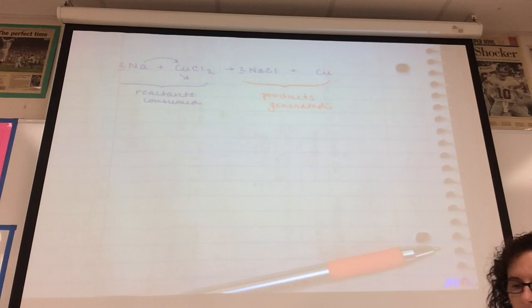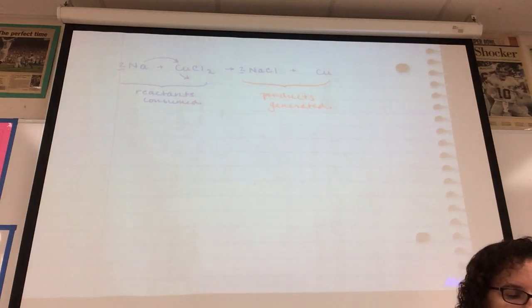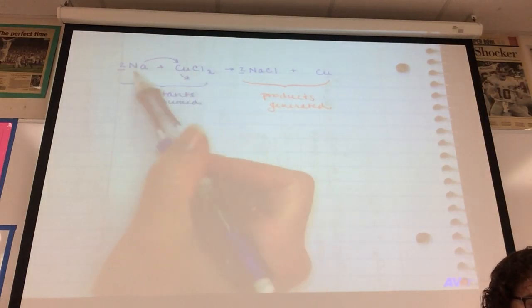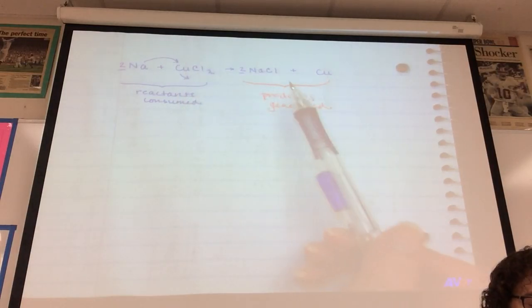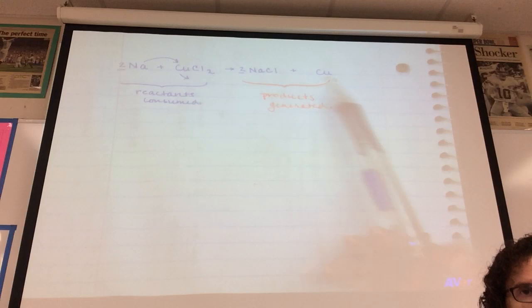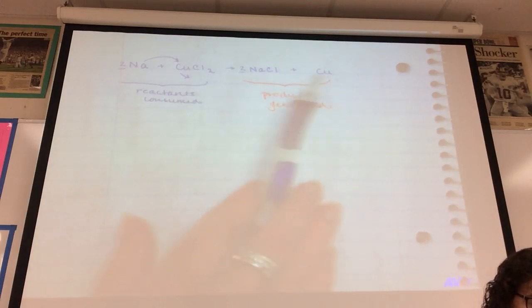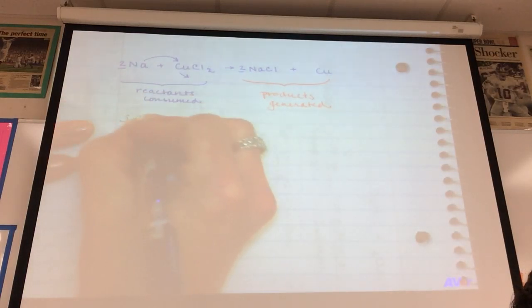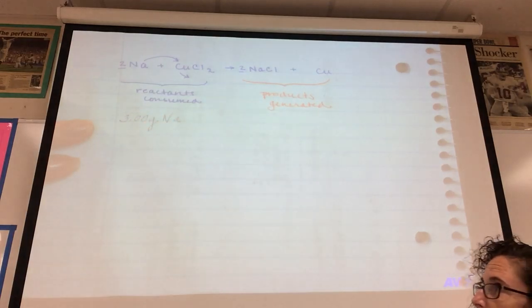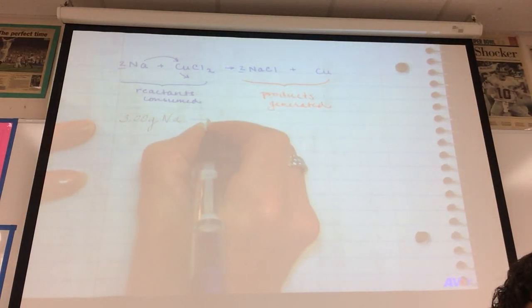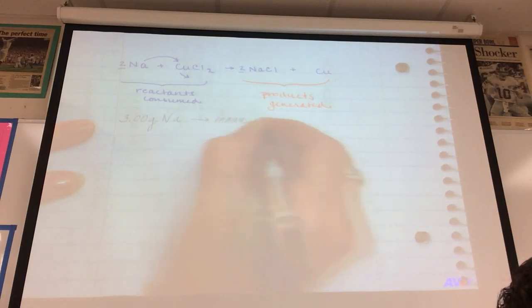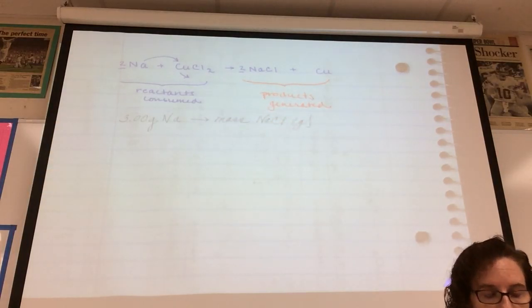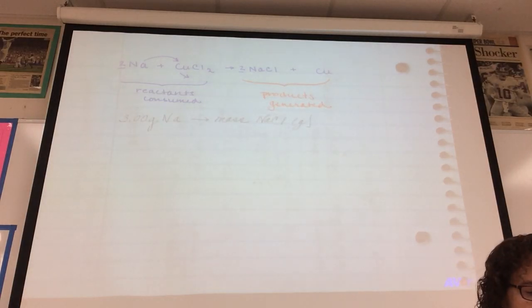What's going to happen here ultimately is you'll be given initially the quantity of one substance, probably a reactant, and you'll be asked to determine the quantity of another substance, probably a product, but it can be reactant to reactant, product to product, etc. So if you're given, for example, 3 grams of sodium, using stoichiometry, you can determine the mass of sodium chloride in grams that should be generated. And that's going to be one of our goals for the chapter.